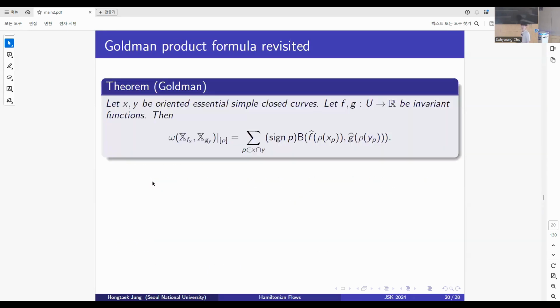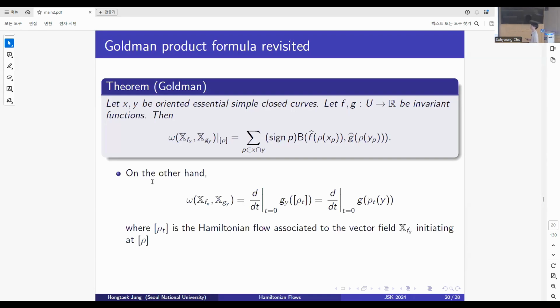Right, to prove this, we have to revisit our Goldman product formula. So this Goldman product formula is to compute the Atiyah-Bott-Goldman product between two Hamiltonian vector fields. However, if you look at the definition of Hamiltonian vector fields, it actually tells us this.